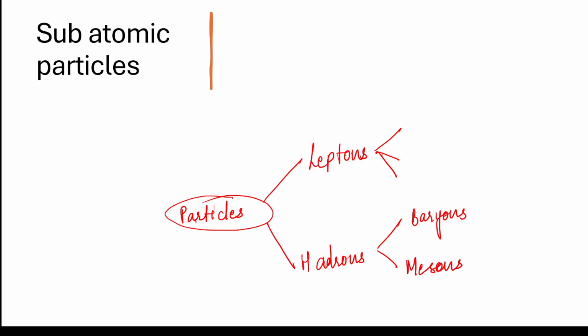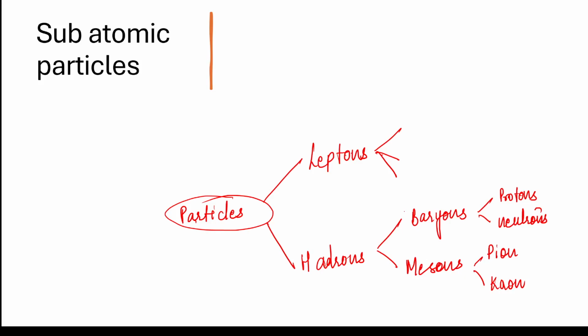Every single baryon would have a baryon number of +1. The examples of baryons we saw in the last class are protons and neutrons, and the examples of mesons are pions and kaons.